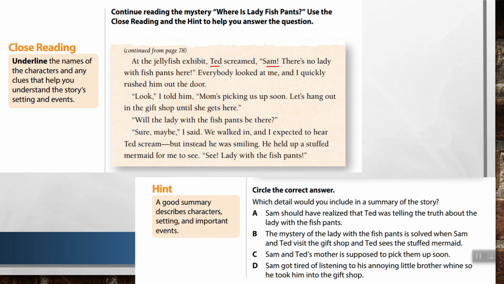We also know that they went to the gift shop at the aquarium, and that Ted had been screaming that he needed the lady with the fish pants. So when he held up a stuffed mermaid for Sam to see, then we all knew that the lady with the fish pants was a stuffed mermaid.